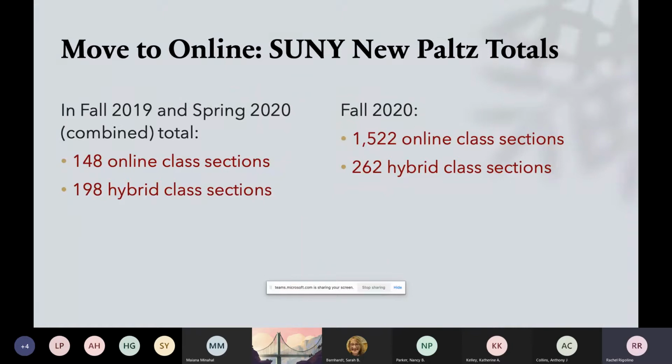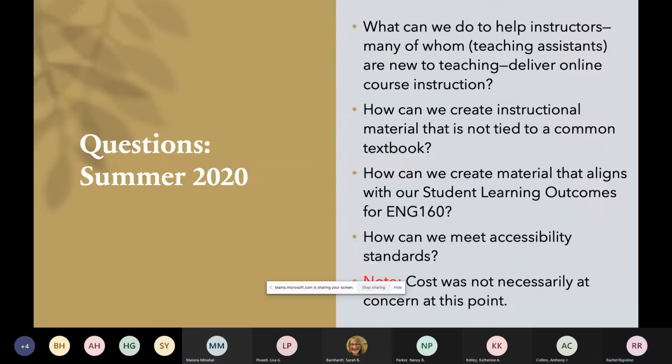We're not a two-year campus. We're not a community college where many of you are so used to offering things online. It's like second nature. So in the composition program, we began thinking about what we can do to help instructors.